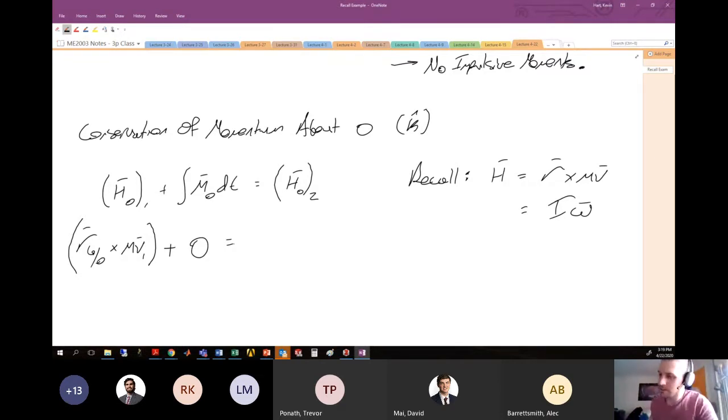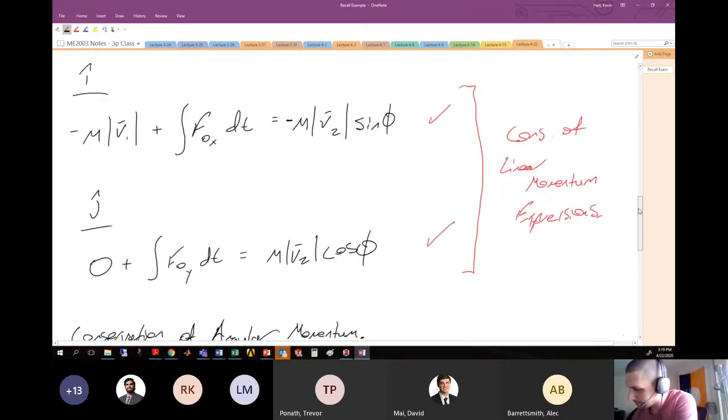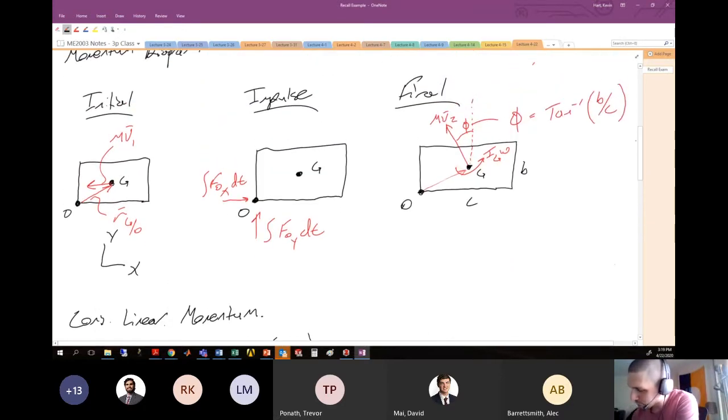Last thing I got to do is my angular momentum about point O in situation number 2. This is where things get a little cray-cray. Here I go. I'm going to use blue here since my figure is getting a little busy. I've got this linear velocity component here. It acts along this particular path, which I know generally to be perpendicular to this vector.